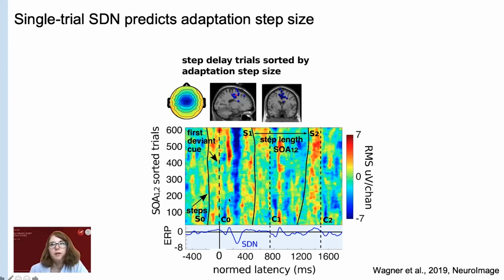What we did then was stack all the trials of all the ICs for this cluster. Here you can see there are around 600 trials stacked. Then we sorted the trials by the second adaptation step. You can see here that bigger steps are predicted by a larger amplitude of the SDN.